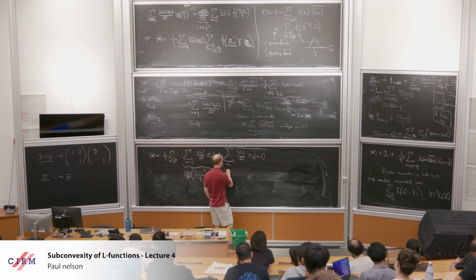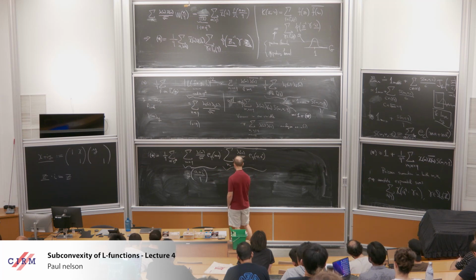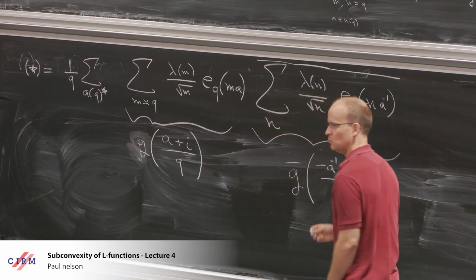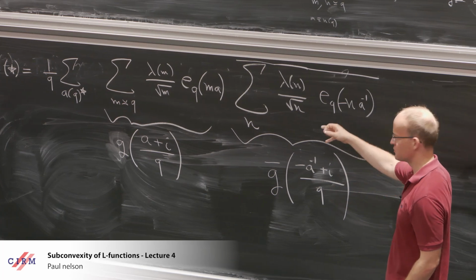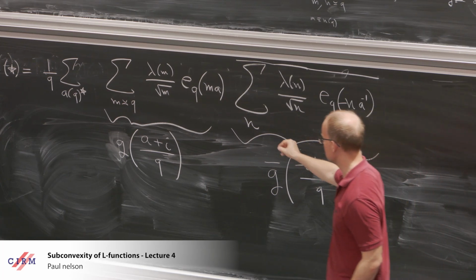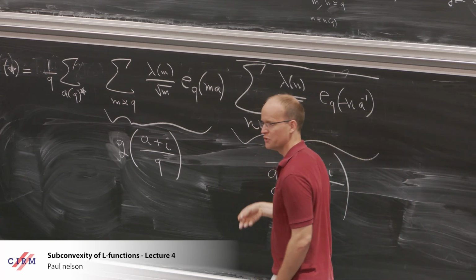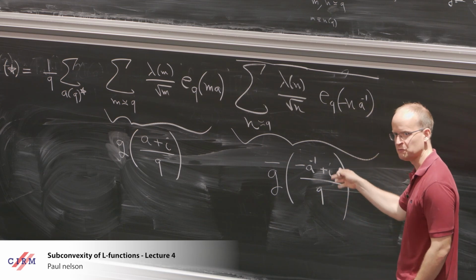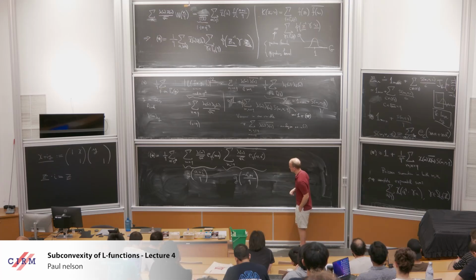Whereas this one is g conjugated, evaluated at negative a inverse plus i divided by q. With the usual caveat that we have to remember the truncation of n to being of size q by this Whittaker function, so to make it precise, we have to use a different vector whose Whittaker function is that truncation.